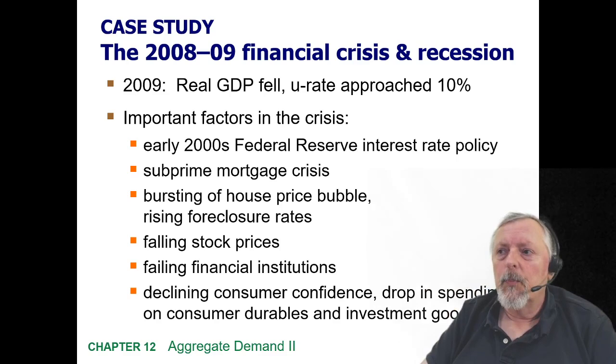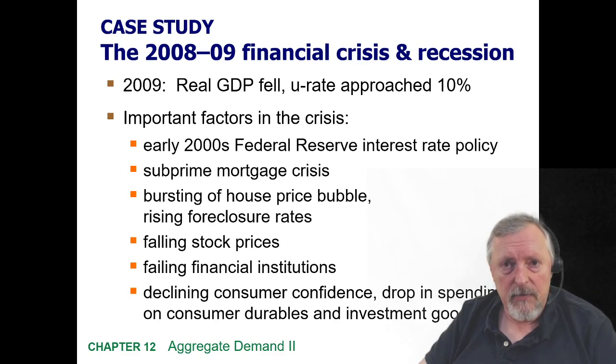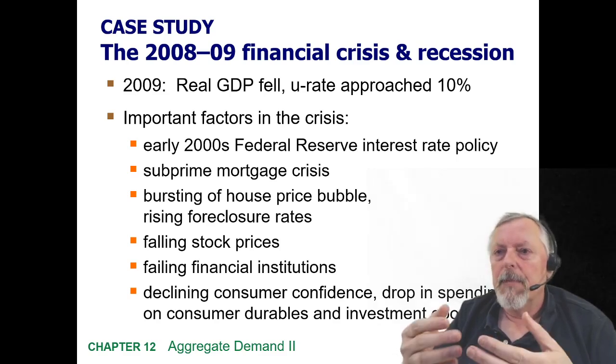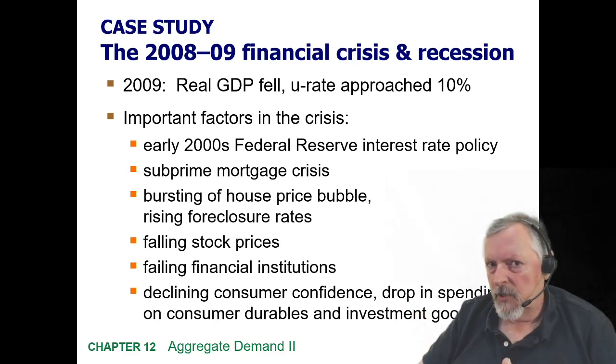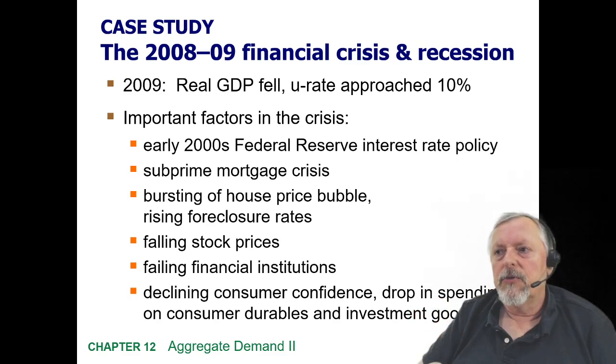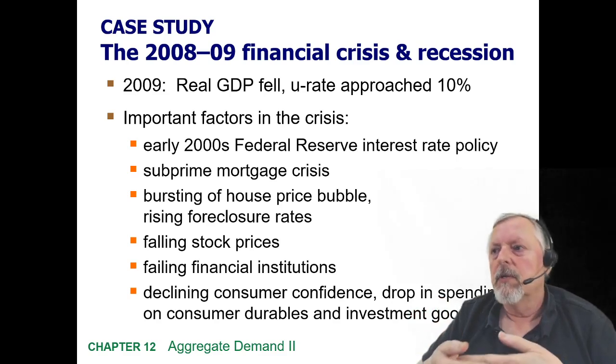So we were just amazingly lucky that he was the Fed chair at the start of the Great Recession. Drawing on his knowledge of the Great Depression, he chose to massively increase the money supply.